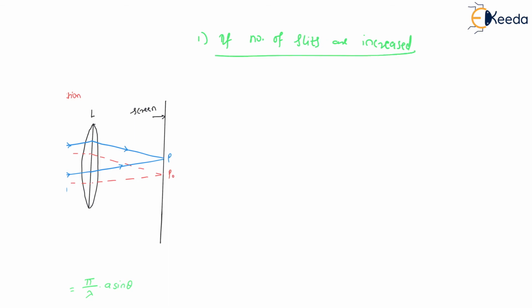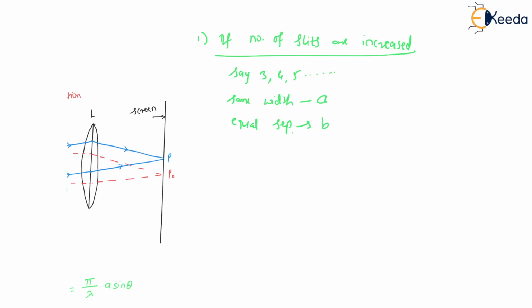Ultimately, when we increase the number of slits, say if in this case we have used two slits, and there are three, four, five and so on, and all slits have the same width, say small a, and equal separation too, let the separation between them be small b. In each case, for each slit we will get the diffraction patterns.